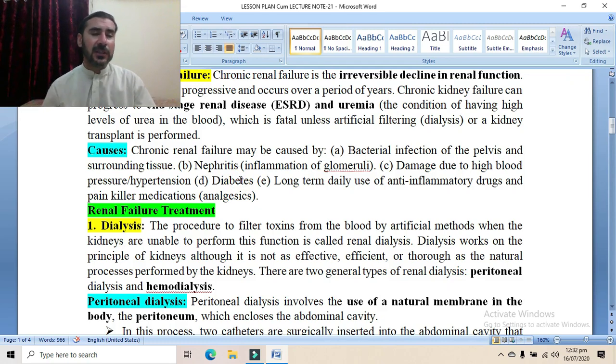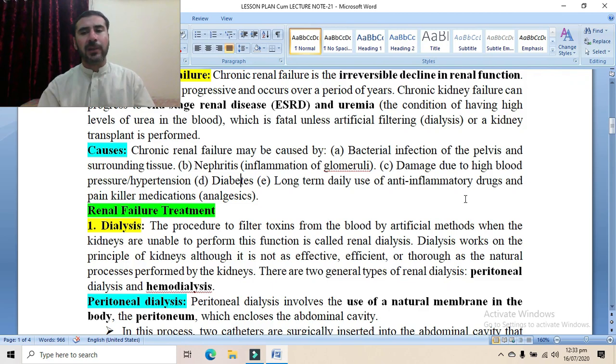Again, diabetes is another cause of chronic kidney failure, because in case of diabetes the blood sugar level is disturbed, and this disturbed sugar level will ultimately result in the disturbance of the composition of the blood, and if this blood flows for a long time to the kidneys, if a person has diabetes for a long time, there may be chances of kidney failure.